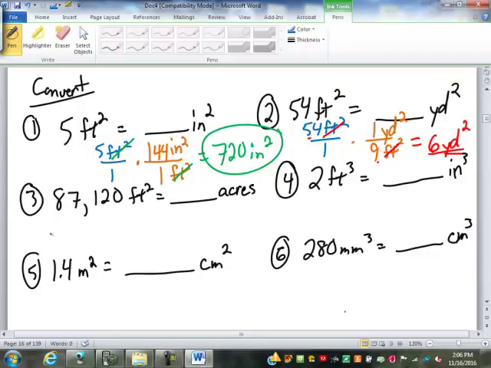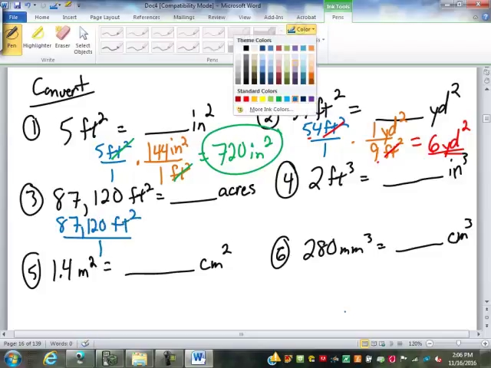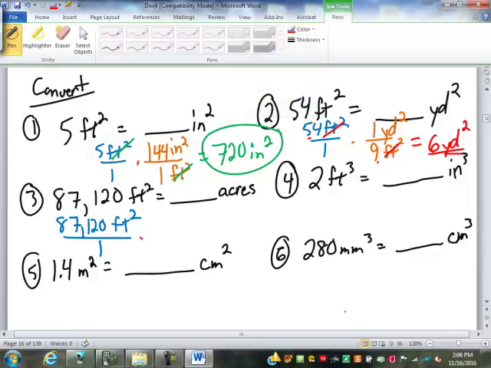Number 3, 87,120 square feet into acres. Anybody remember how many square feet's in an acre? Anybody happen to write it down?